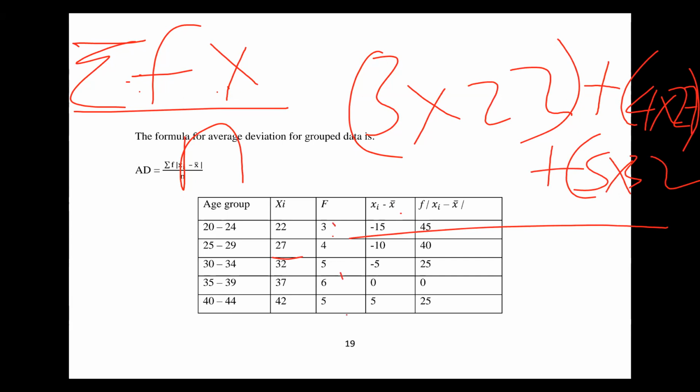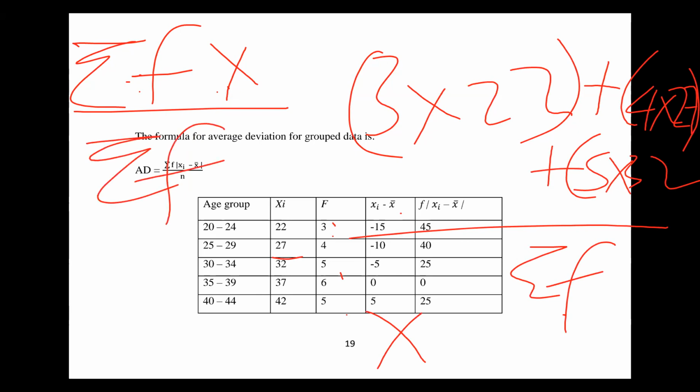You sum the frequencies, then you divide into that, and that will give you the mean. So the mean is basically the summation of f times x divided by the summation of f. Sum the frequency, and also sum the frequency times the x variable. When you're done doing that, that is how you find your mean, your x bar.